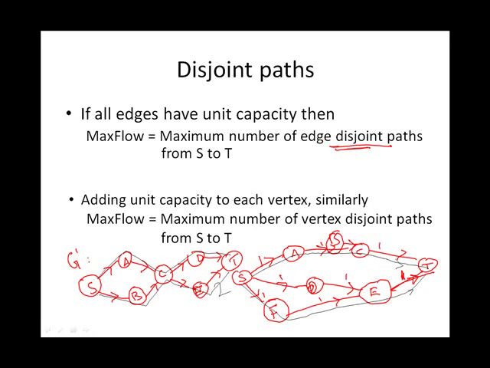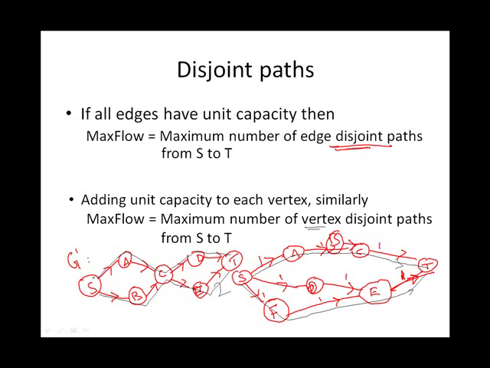But what is meant by vertex disjoint path? We cannot use the same vertex in more than one path. So in this graph G dash, both these paths are going along the vertex C, so we cannot have two vertex disjoint paths. Okay.